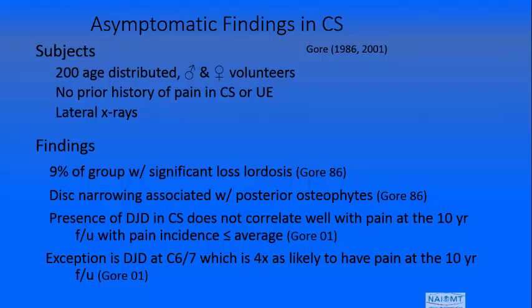The only exception to this was at the level of C6-7. If there were degenerative joint changes at this particular level, that individual was 4 times as likely to develop pain within the next 10 years.